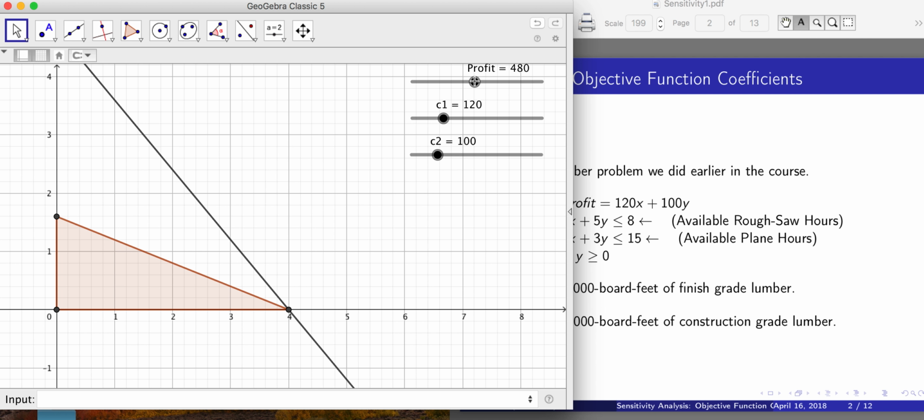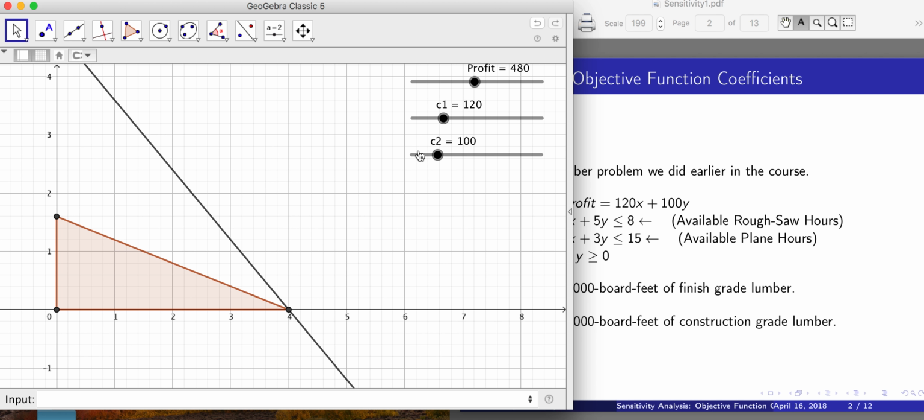Well, if the finished grade lumber loses profitability by enough, it may become more advantageous to start producing construction grade lumber. Or if the construction grade lumber becomes more profitable, it may be better to choose to make a combination of construction grade and finished grade lumber.